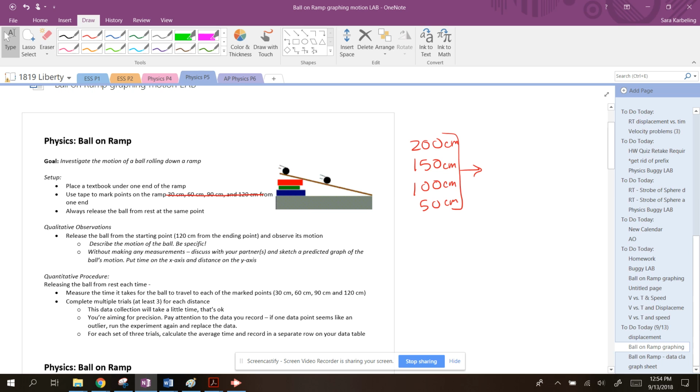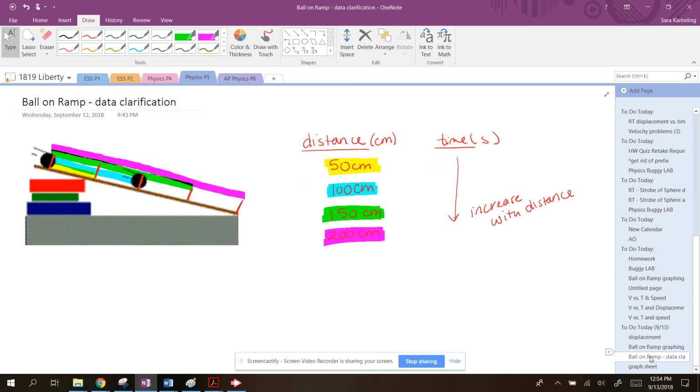So this was the lab you were working on yesterday. I want to clarify something for the graphing so that you get the graph that we're expecting. I took another picture of the diagram. You may have measured and labeled these going up or going down.